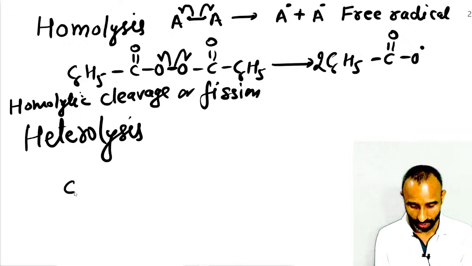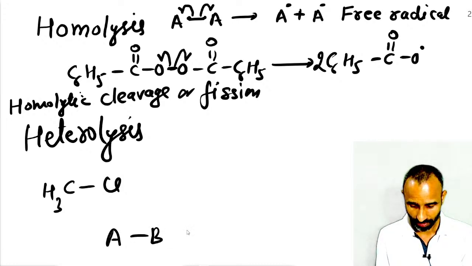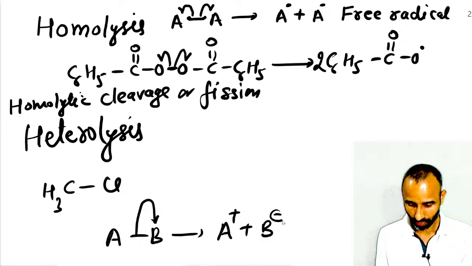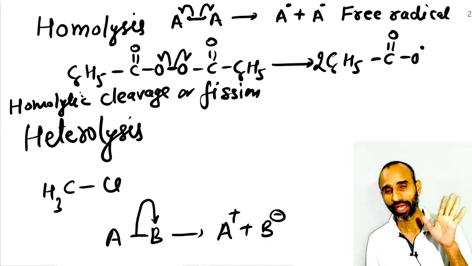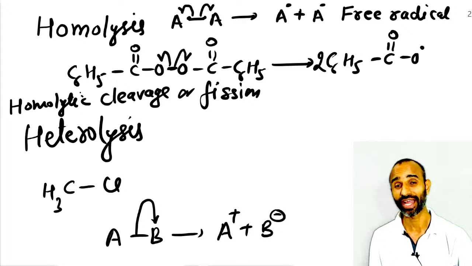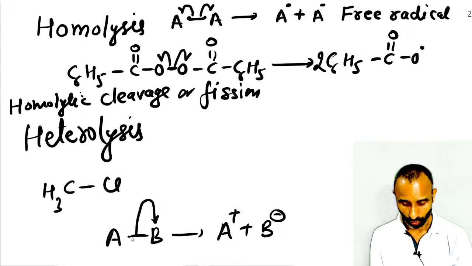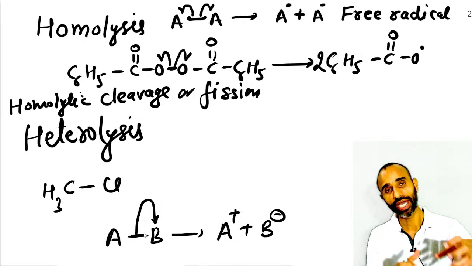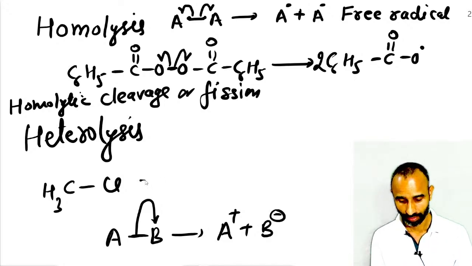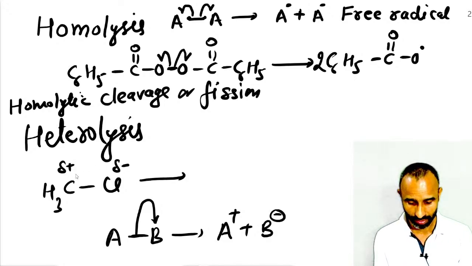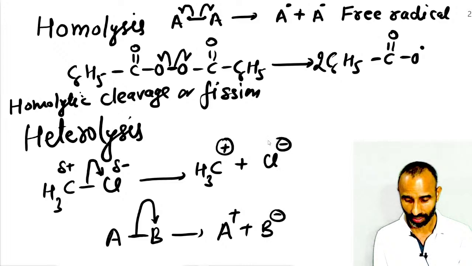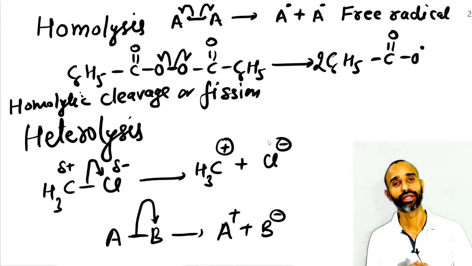In heterolysis, like we have A, B, the electronegative atom takes both the electrons, so we get a cation and an anion, because the more electronegative atom gets both the electrons. Like in this case, if it breaks like this, we get a carbocation and Cl negative.